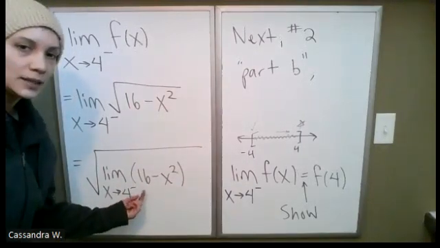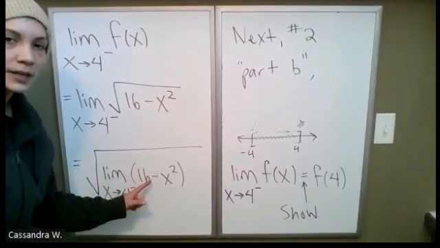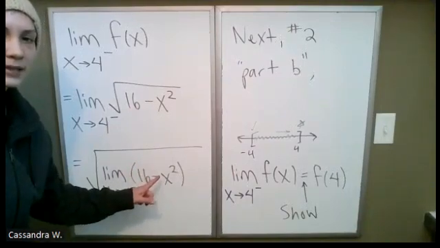When you're taking a limit of a polynomial, you can just put that number in, putting in a 4 for x.